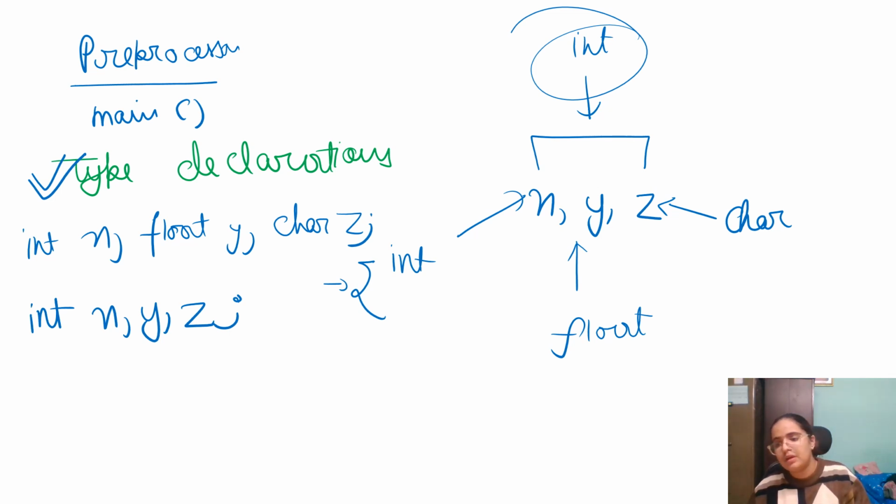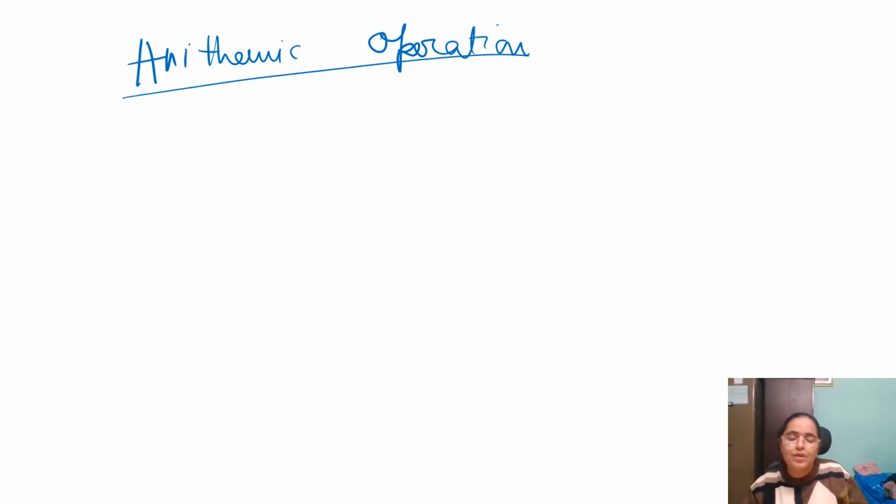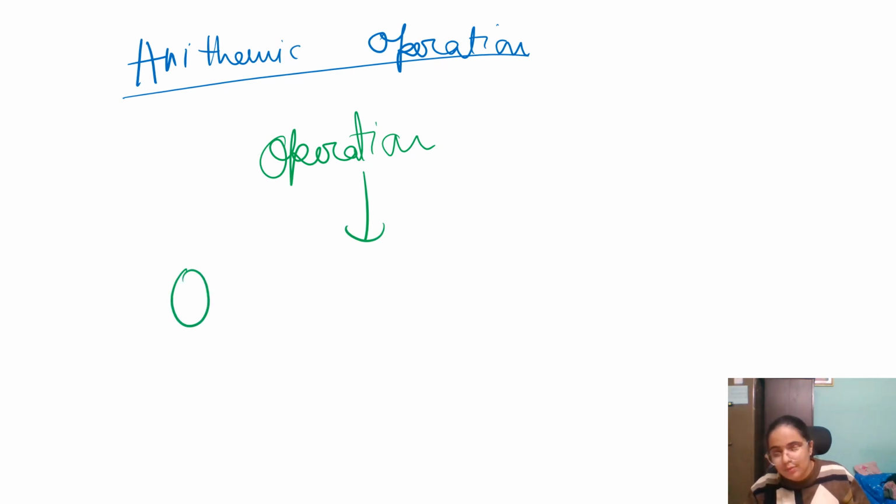Okay, after a type declaration comes the arithmetic operations or any other operation. So for the operations to be performed in C, we introduce the term operators. Yes, operators.